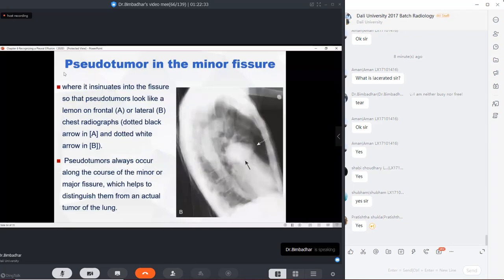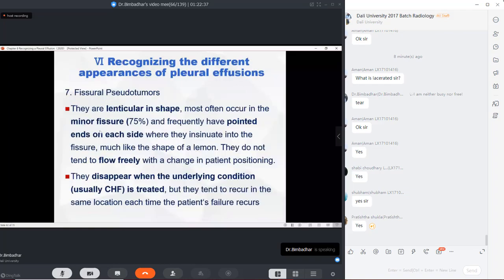Pseudotumors generally happen if the fluid is present in the minor fissures. Remember, a pseudotumor or encysted pleural effusion happens when fluid is present in the minor fissure, taking a lenticular or oval shape.